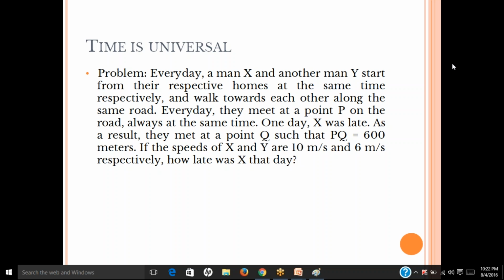Keep on. Someone has already given the answer. Correct answer. That is.